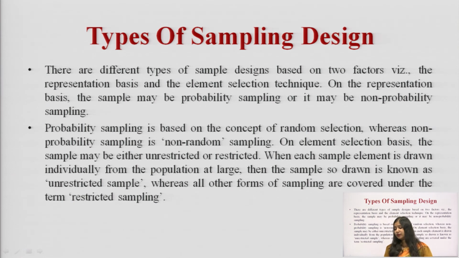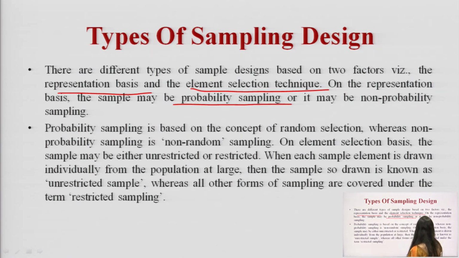Then there are the types of sampling. There are different types of sampling design based on two factors. What are the two factors? The factors are the representation basis and the element selection technique, meaning how they are going to represent and how the elements are selected. On the representation basis, the sample may be probability sampling or non-probability sampling.